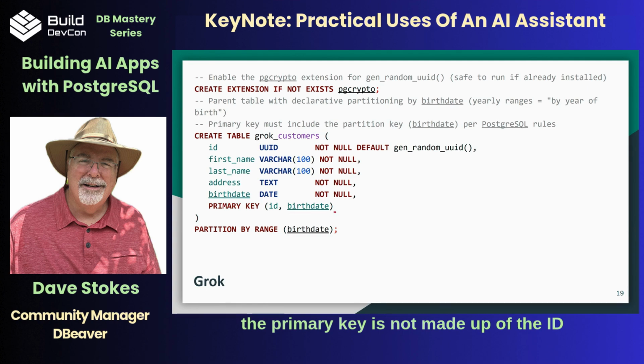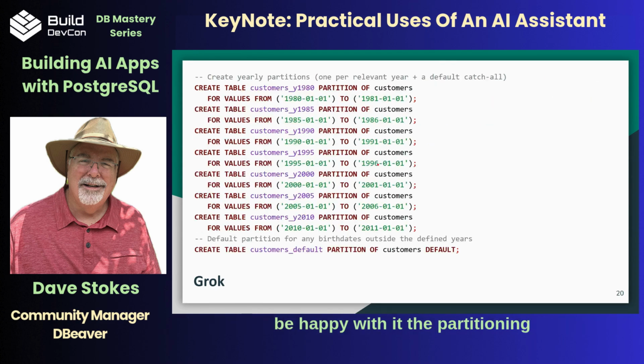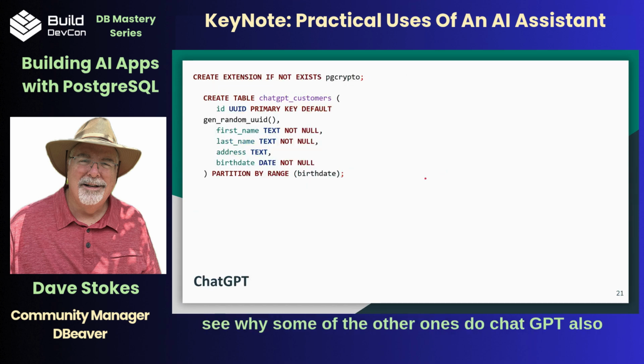Notice the primary key is made up of the ID and the birth date and the partition. If you had a junior who came up with this on their first try, you'd be happy with it. The partitioning of the data, they're doing it in 5-year increments, which is interesting. And you'll see why some of the other ones do.